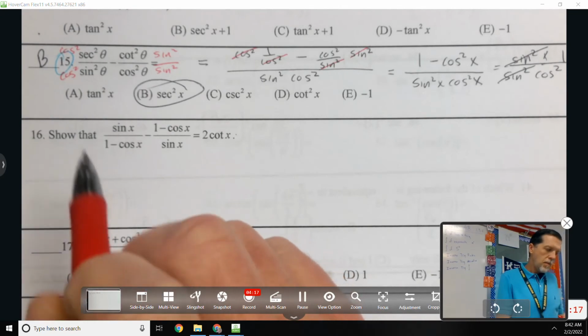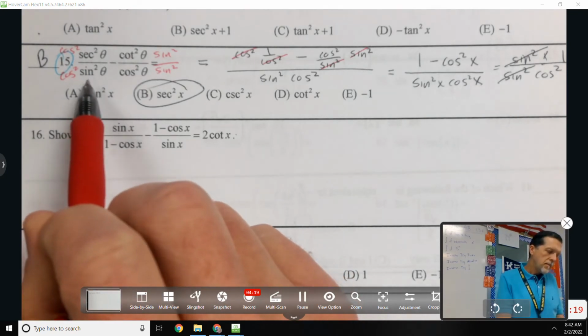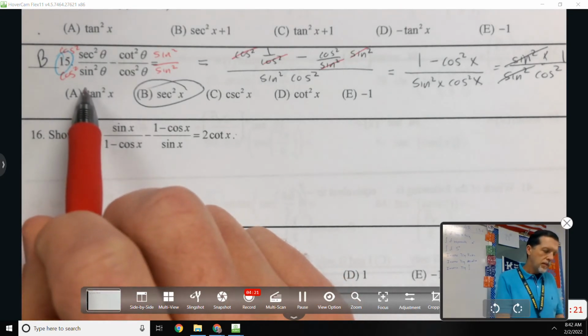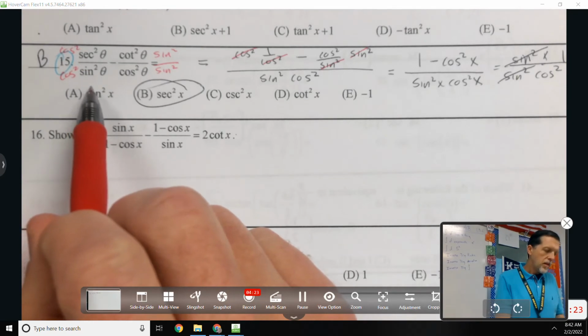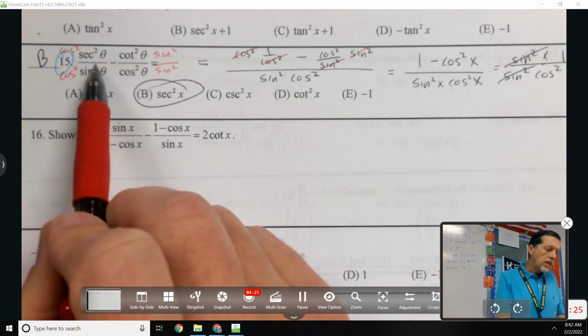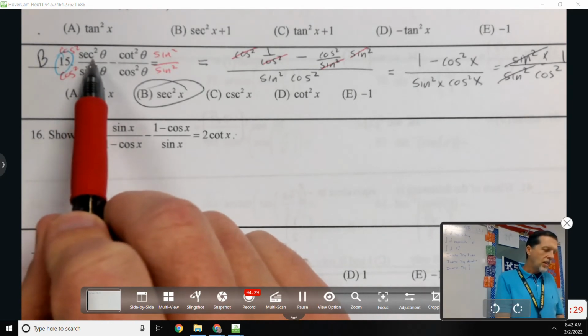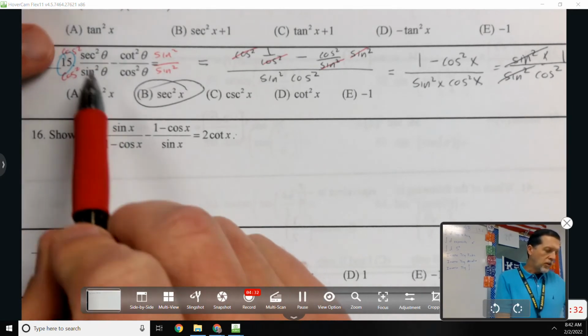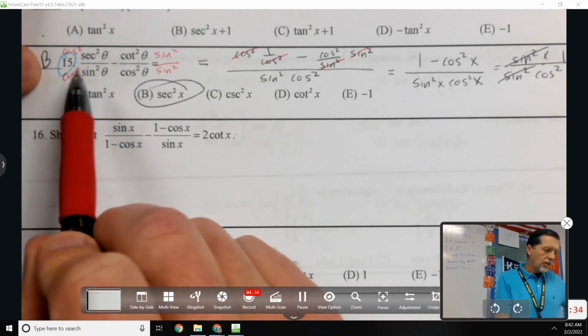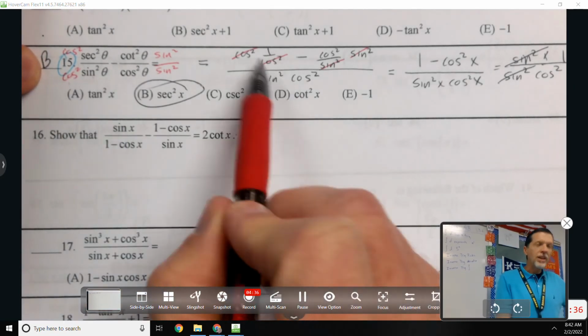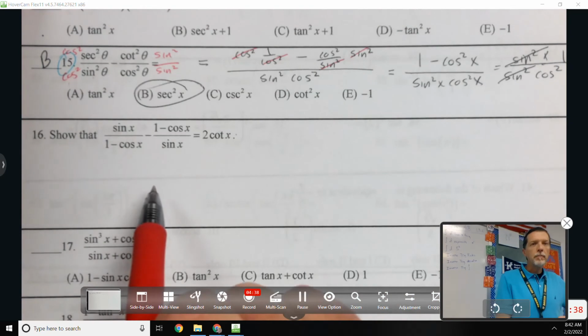If you put secant on the bottom, it'd just be cosine, and then sine on the top would be cosecant. Could you do that as a different way? Yeah, if you changed secant to 1 over cosine, then you would have jumped to 1 over cosine squared sine squared right away, which is what we ended up with.